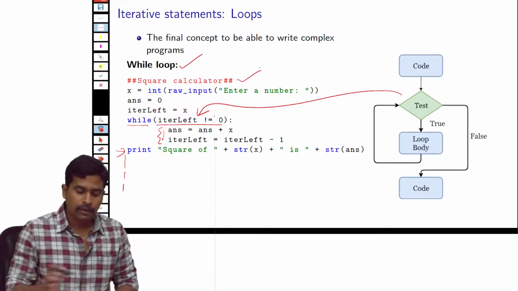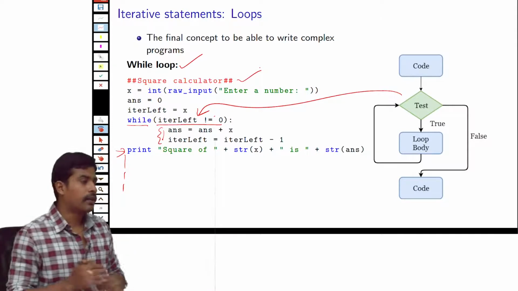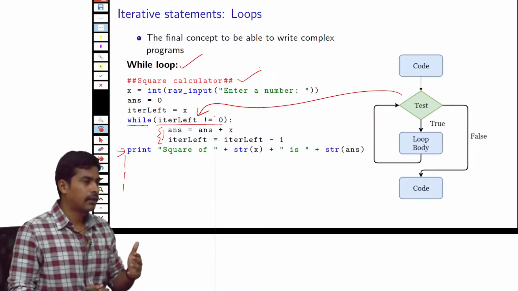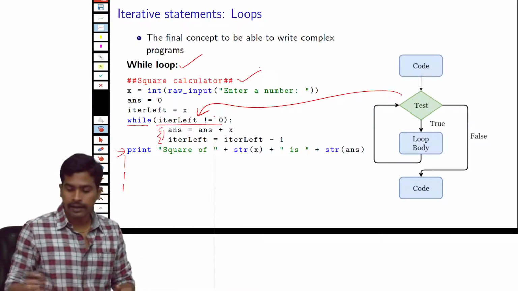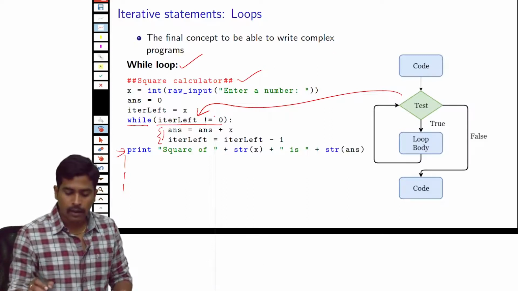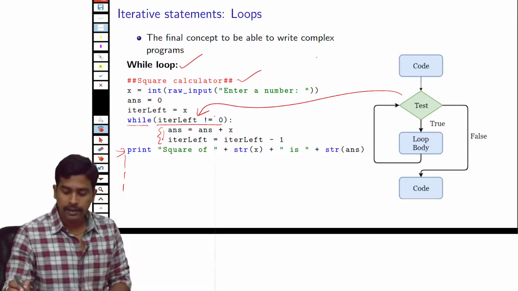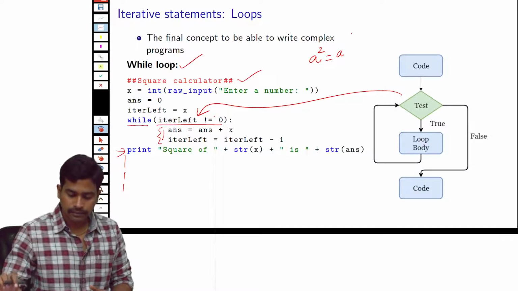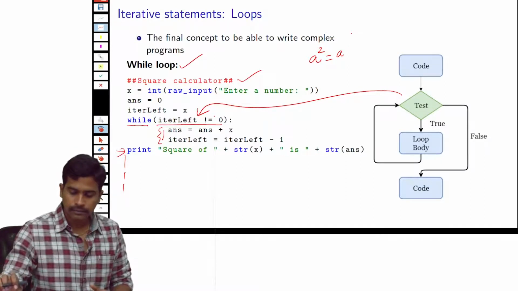So in this program, I want to calculate the square of a number. For example, if you give a number a, I want to calculate a square, right? So a square can be calculated by adding the number a number of times.